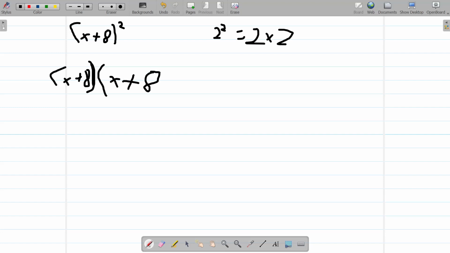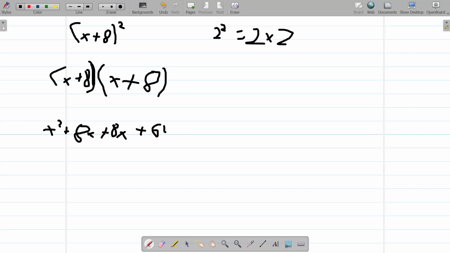And then it's very similar to the example we were doing before. So we just do x times x, which would be x squared, x times 8, so plus 8x, 8 times x again, so it would be another 8x, and then 8 times 8, which would be 64.